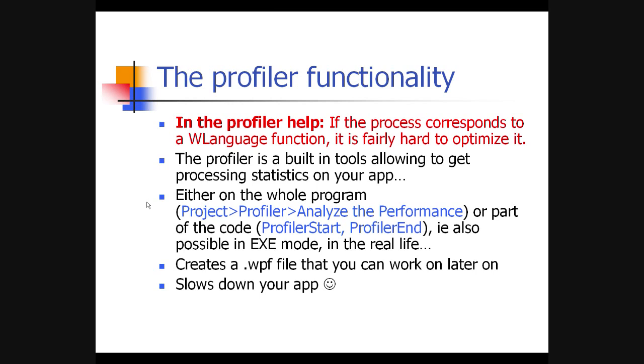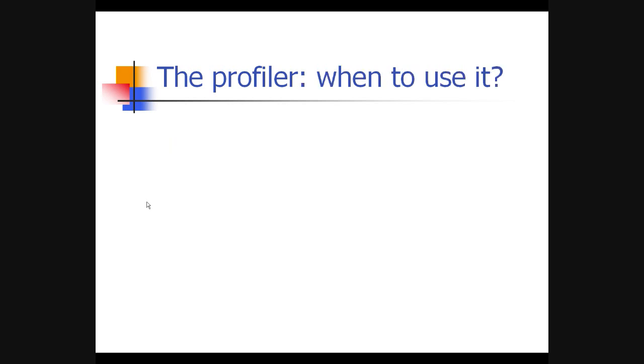Of course, if you use this functionality, it's going to slow down your app. It has to, because it has to analyze what you're doing and write it in the WPF file. So it's just adding fat to your already existing fat.